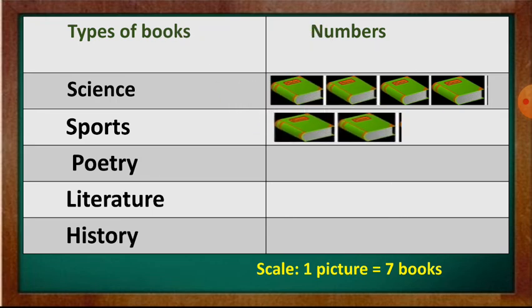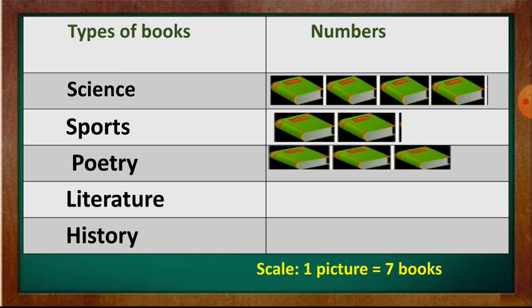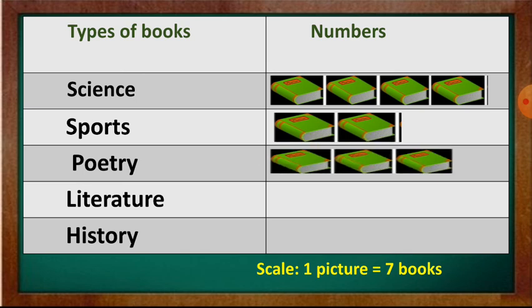So here we will draw 2 books because 14 comes at what time in the 7 table? 2 times. Now for poetry, how many books? 21 books. So we will draw here 3 books because in the 7 table 21 comes at 3 times. 3 sevens are 21.